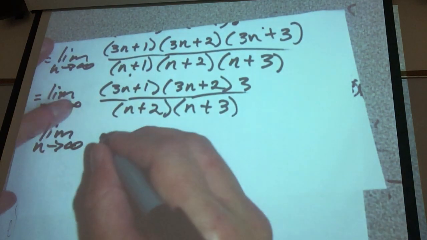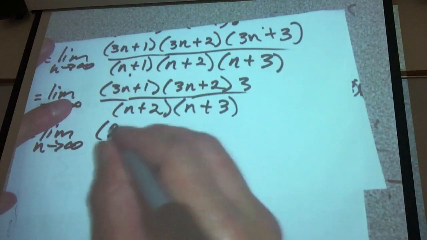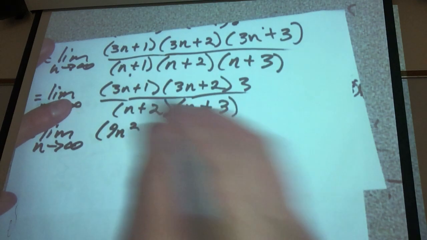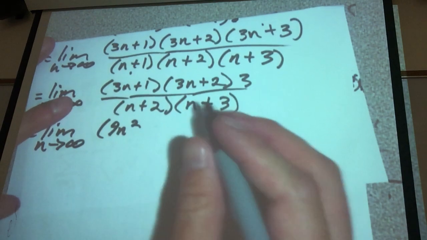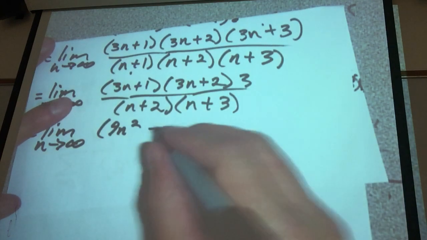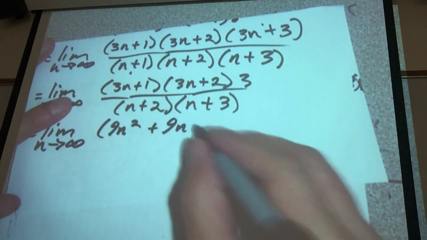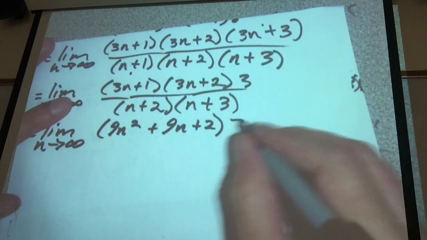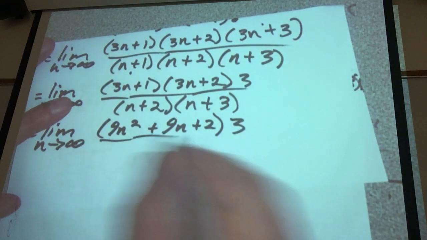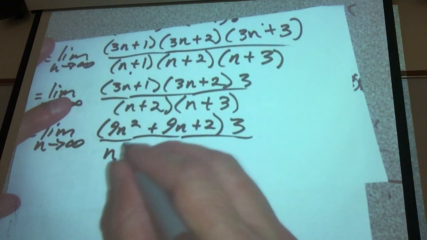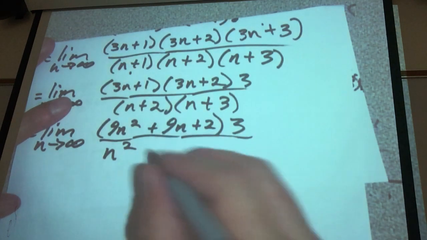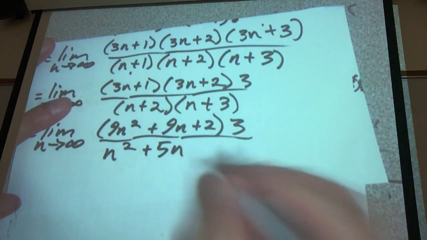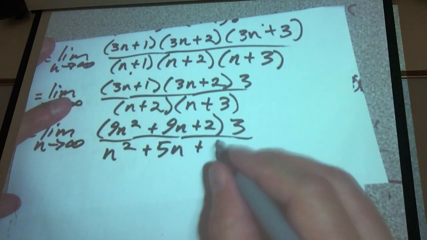All right, so that would turn into 9n squared, now 3n plus 6n is plus 9n, plus 2, and then multiplied by 3, divided by n squared, 2n plus 3n, that's plus 5n, plus 6.